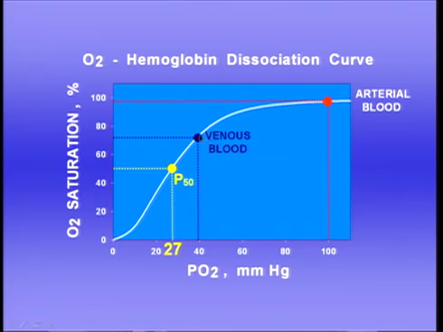Well, you know that it's going to be somewhere up in this range here, around about 80% saturation, because we know that with a PO2 of 40, saturation is 75%, so that gives us a sort of ballpark figure if someone indicates what the PO2 is and we wonder what the oxygen saturation is.